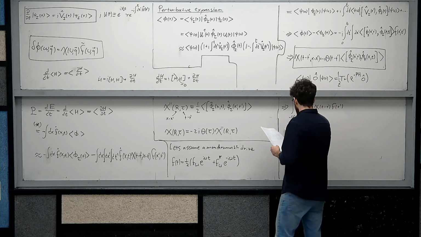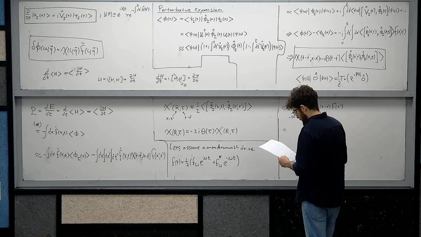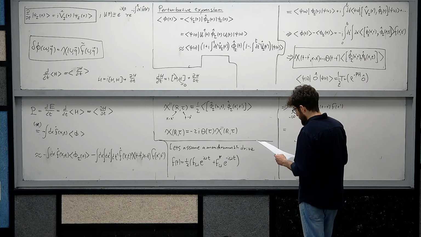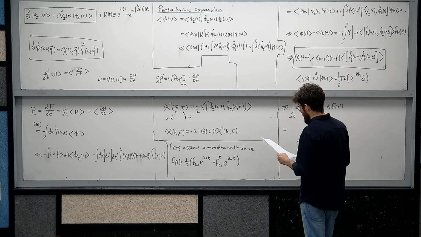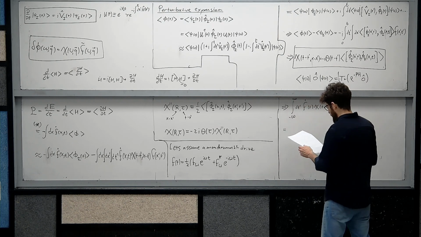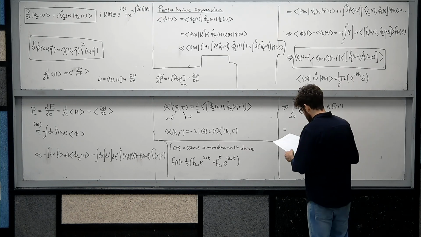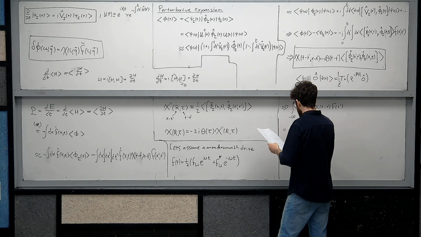This I can rewrite as, this is minus omega over 2, the integral from minus infinity up to t dt prime.